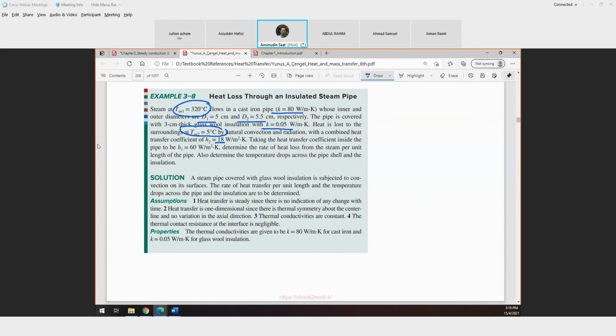On the outside, they combine the convection and radiation. We already have the combined heat transfer coefficient, considering natural convection and radiation, so you don't need to calculate separately. And the inside is 60.